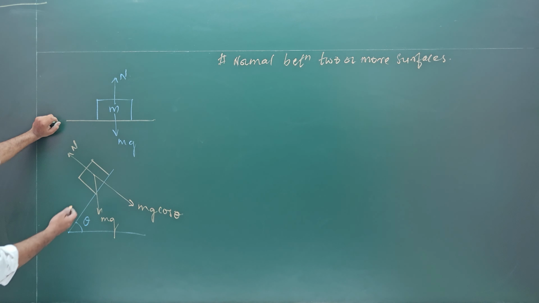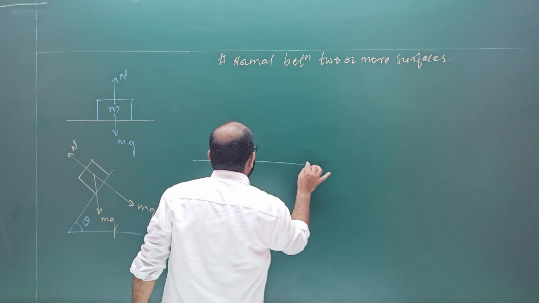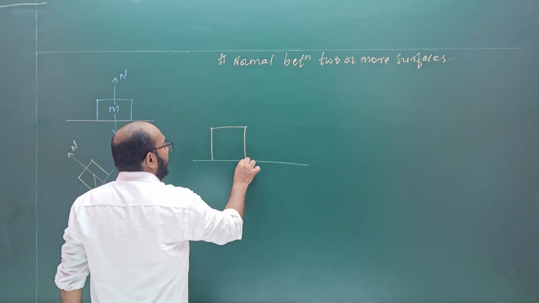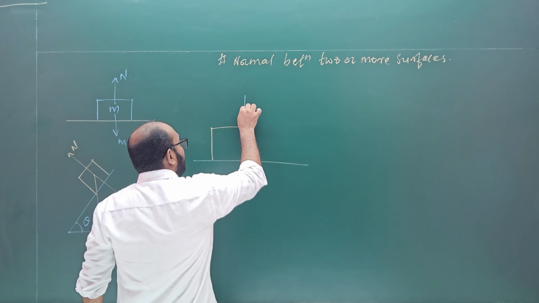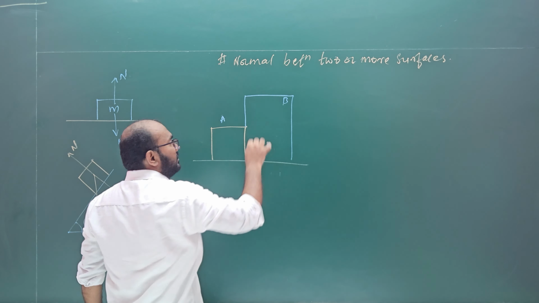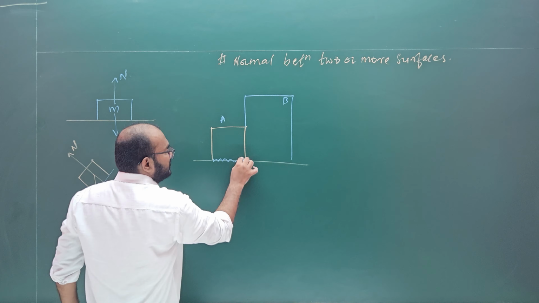Now over here only one body and only one contact is there. Similarly, if two objects are placed on this surface, let's say this one is body A and one more body is placed just beside body A. So this is your A body, this is your B. Obviously, this is the first contact surface with the ground.